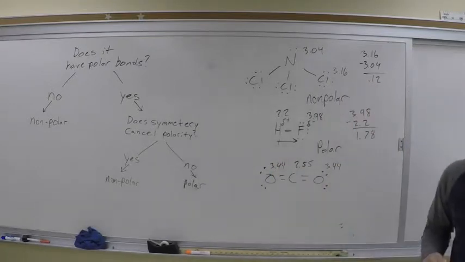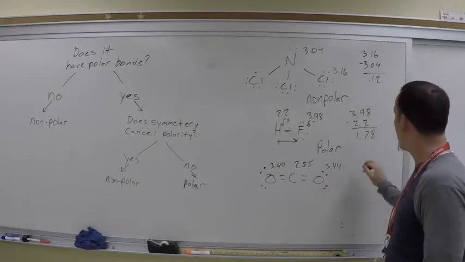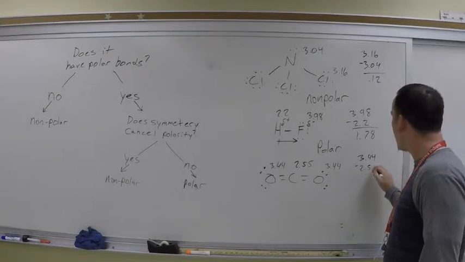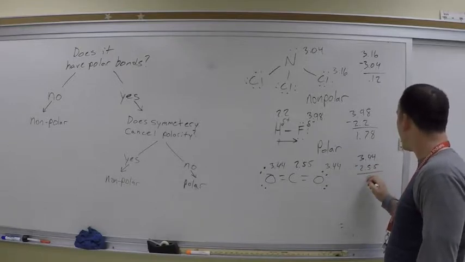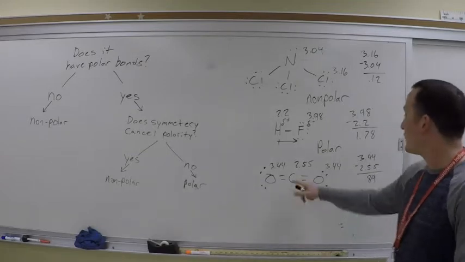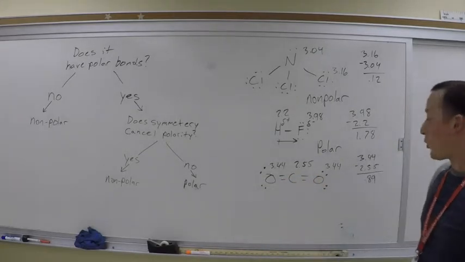Then I'm going to subtract those, because they're the same atom. I'm going to do 3.44 minus 2.55, and I'm going to get 0.89. So my electronegativity difference between both of these bonds is 0.89.